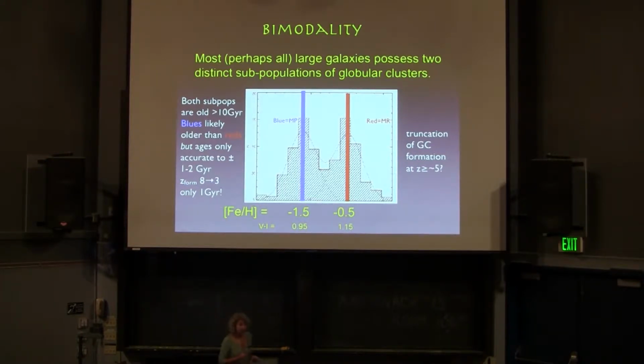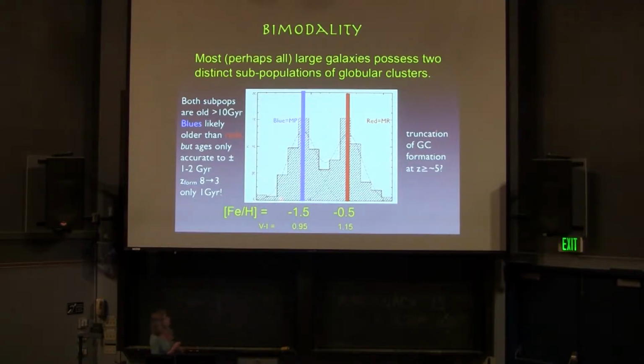Now, up until very recently, we supposed that the metal-poor ones were a year or two older than the metal-rich ones, but our ability to measure age from low resolution spectra was not able to resolve those kinds of age differences.